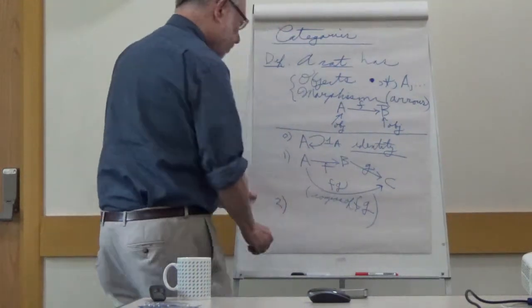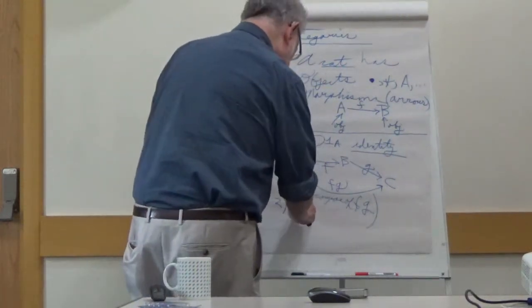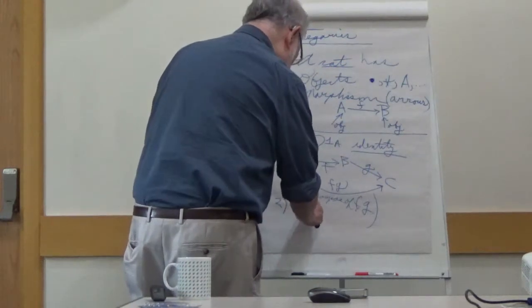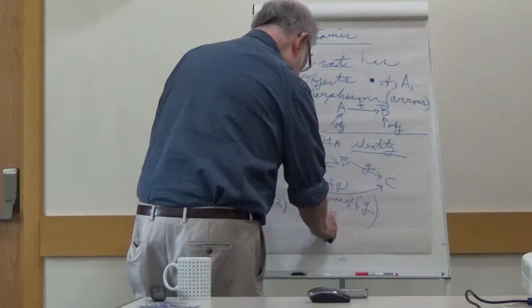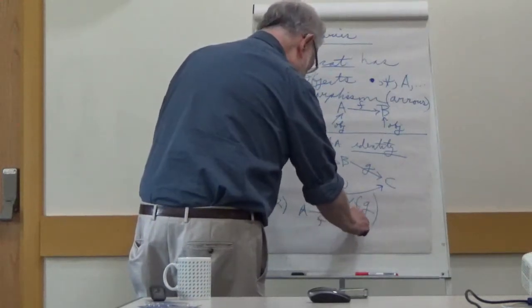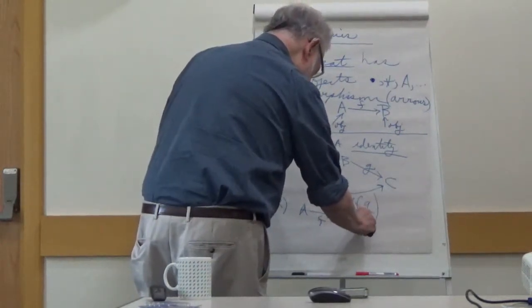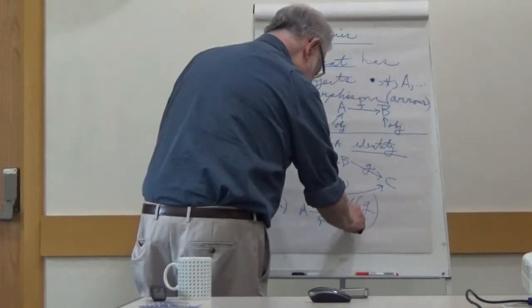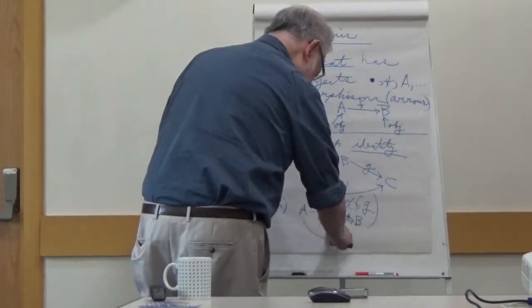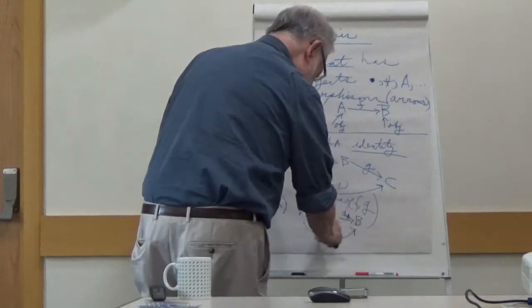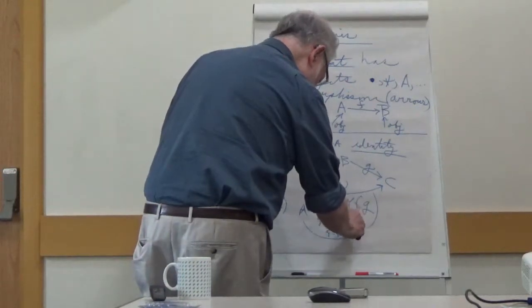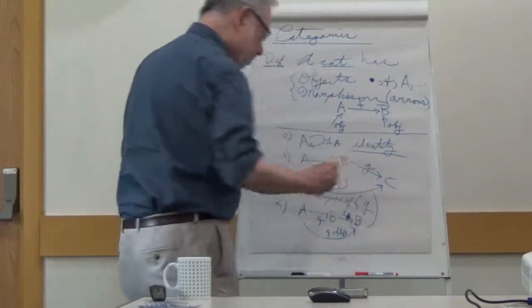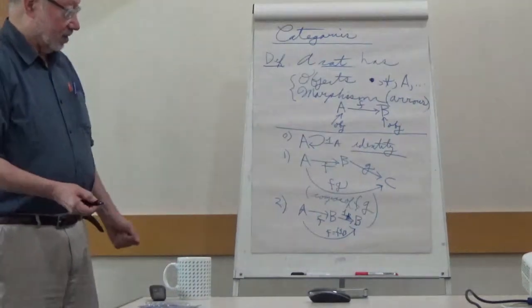And then you have that if you went from A to B, and then you went to B by its identity, then that composition will be the same as F. F is equal to F composed with 1 sub B. The identity acts like an identity.